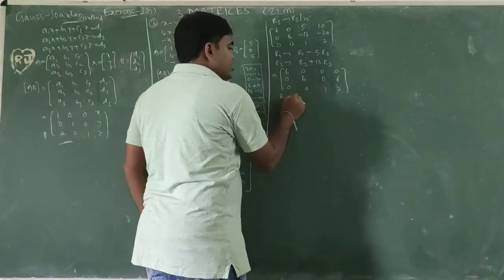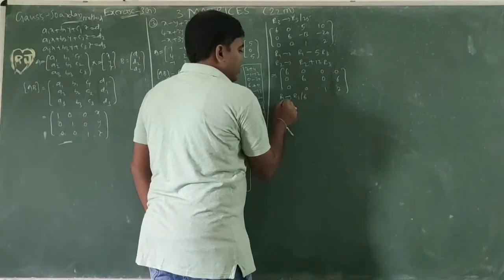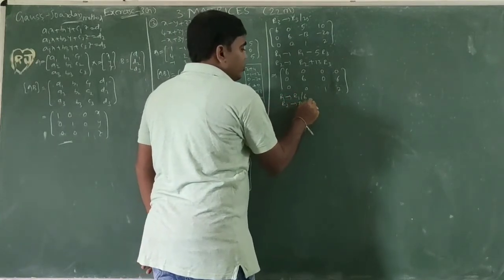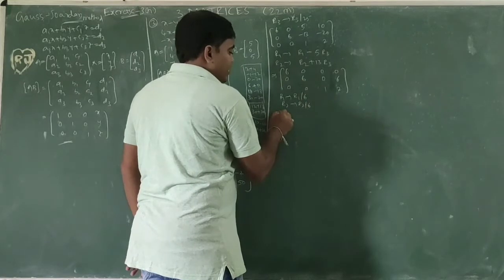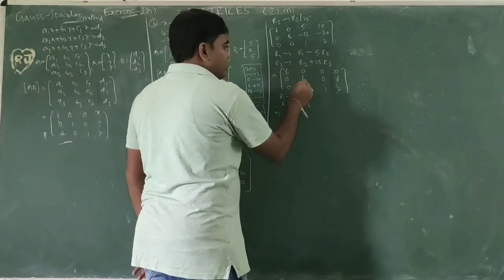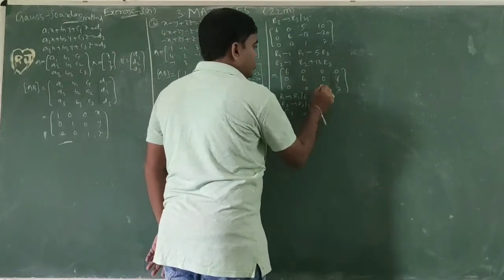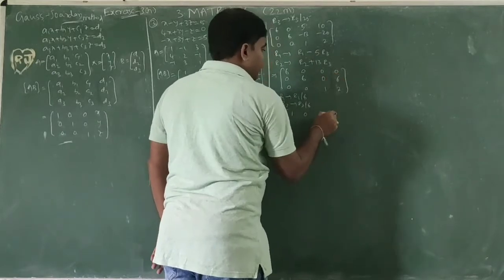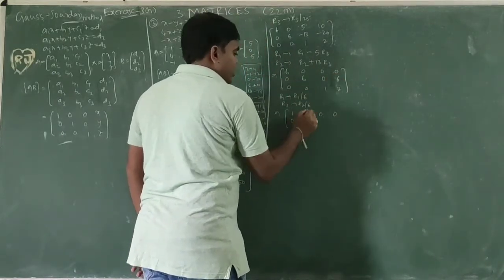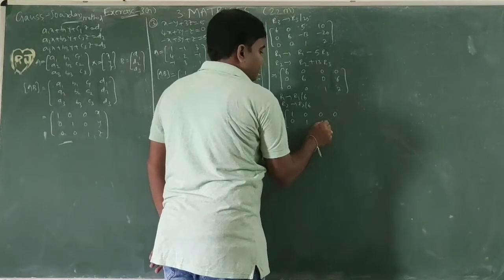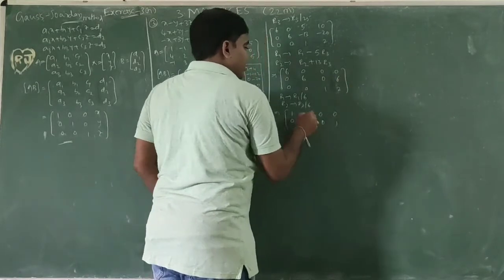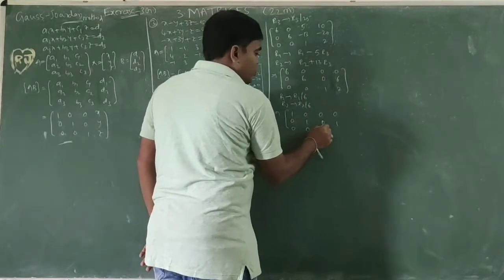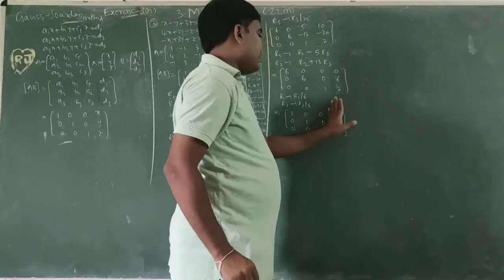R1 changes to R1 by 6, R2 changes to R2 by 6. So it implies 6 by 6 is 1, 0 by 6 is 0, 0 by 6 is 0, 0 by 6 is 0. Next 0 by 6 is 0, 6 by 6 is 1, 0 by 6 is 0, 6 by 6 is 1. 0 0 1 2. So this is the identity matrix.